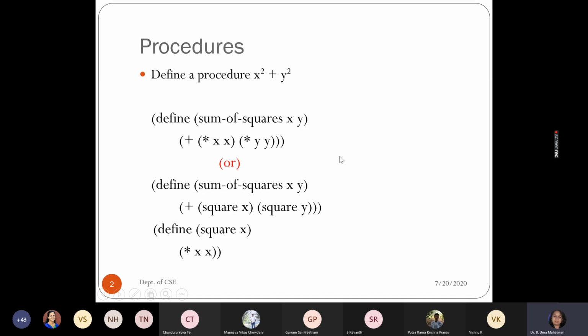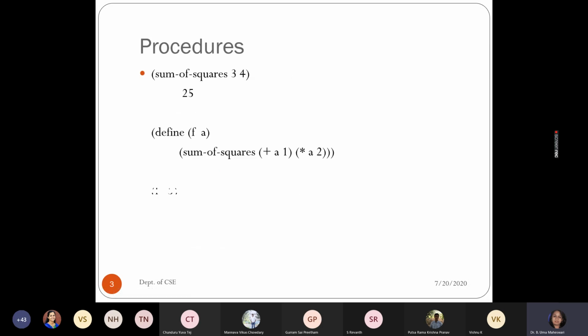If you look at sum of squares, there are two parameters x and y, where x is now 6 and y is 10. So 6 square is 36, 36 plus 100, you will get 136, right?